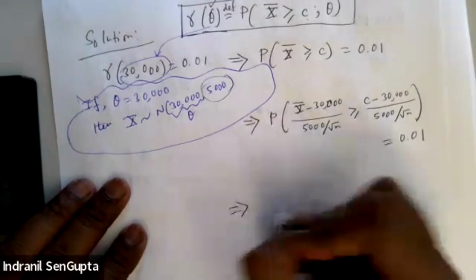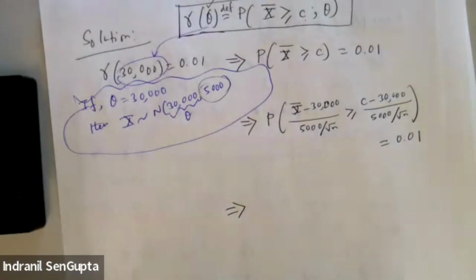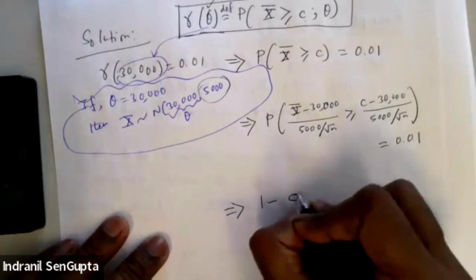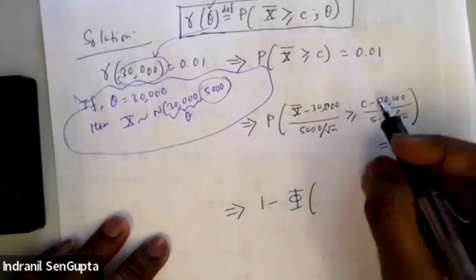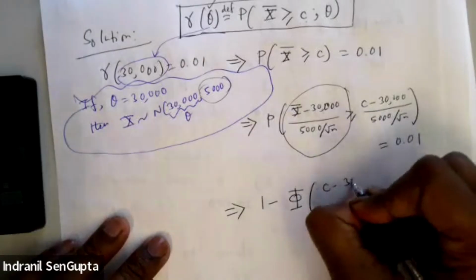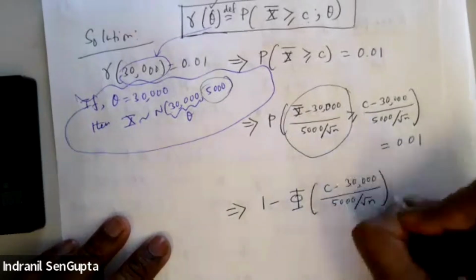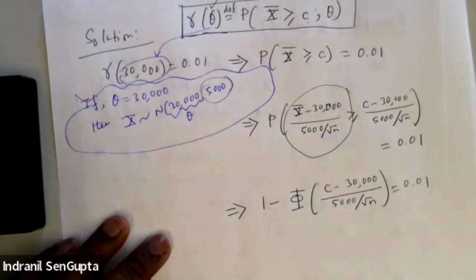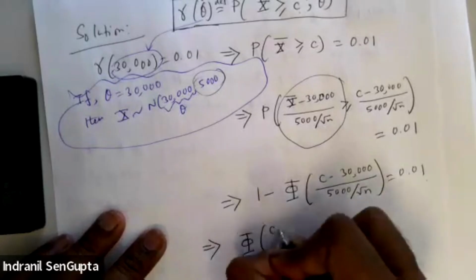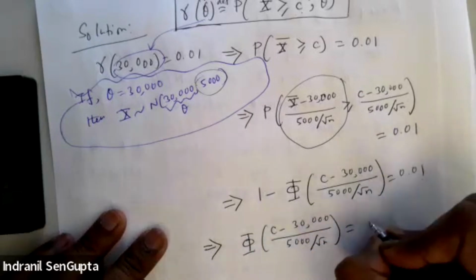Okay, so from here, if I compute this quantity, this is converting to a standard normal distribution. So it's 1 minus phi of, where phi is the standard normal distribution, this number c minus 30,000 over 5,000 over square root of n is 0.01. So that means I have phi of c minus 30,000 over 5,000 over square root of n is 0.99.